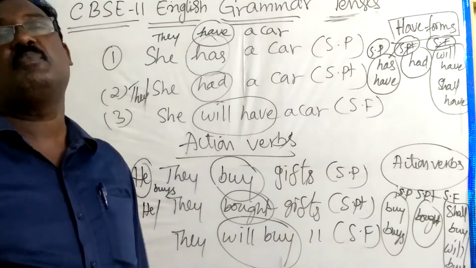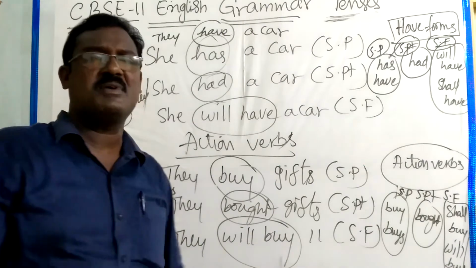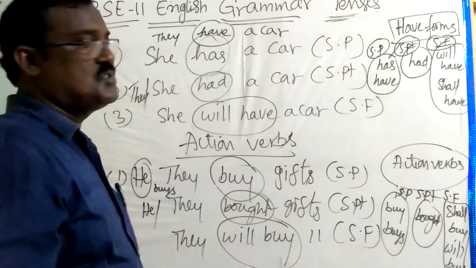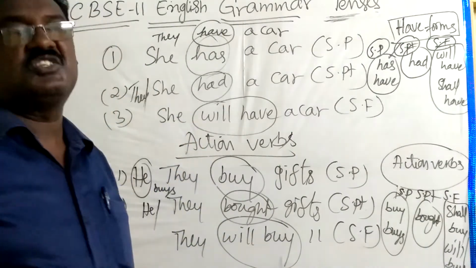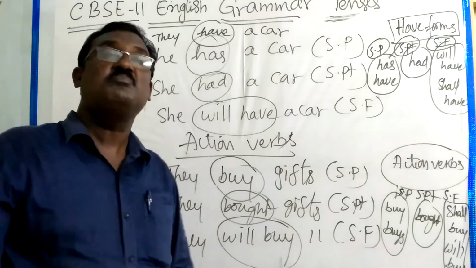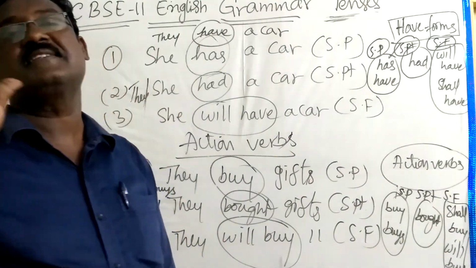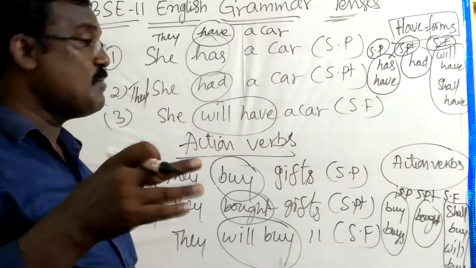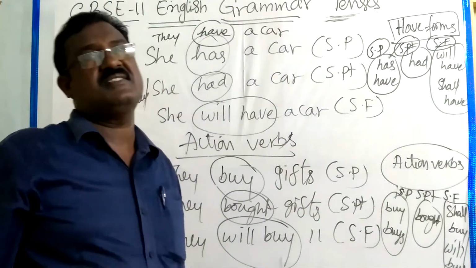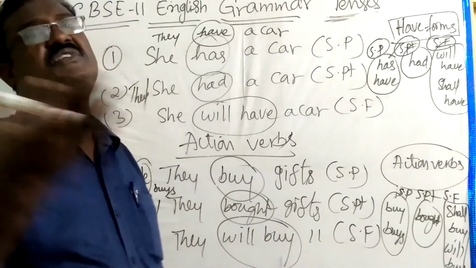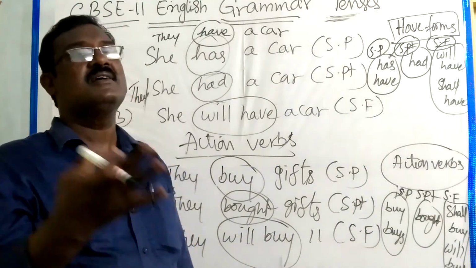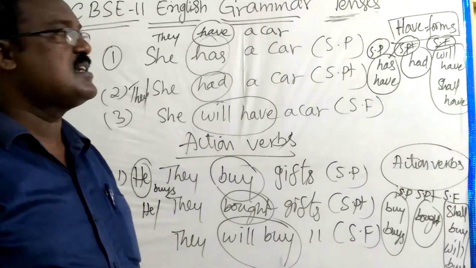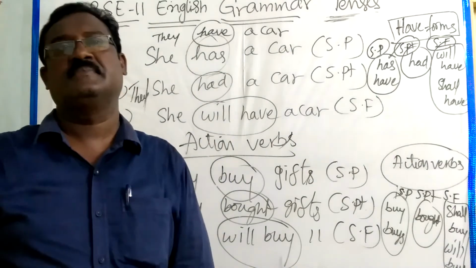Future means will plus V1. So simple present is the V1 verb, simple past is the V2 verb, simple future is will plus V1. That's why some are saying that there is no future tense in the English language. Future tense is nothing but will plus present verb.